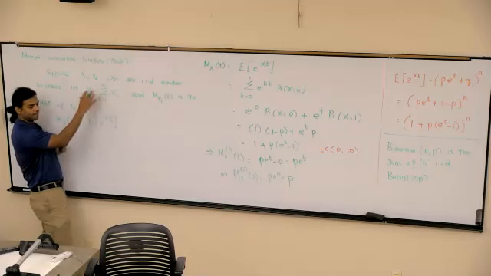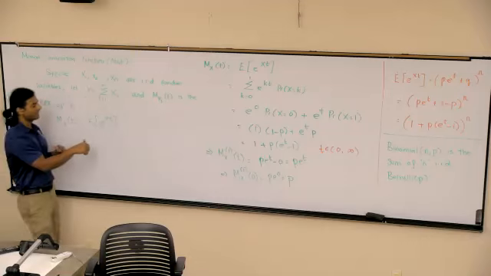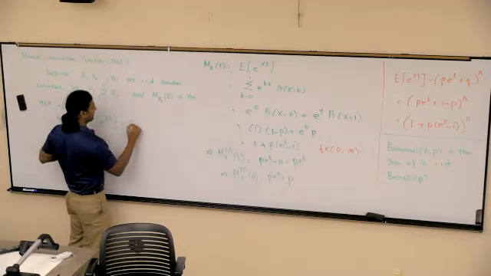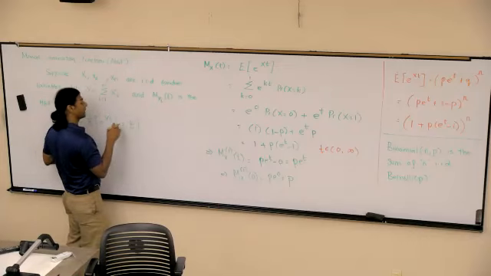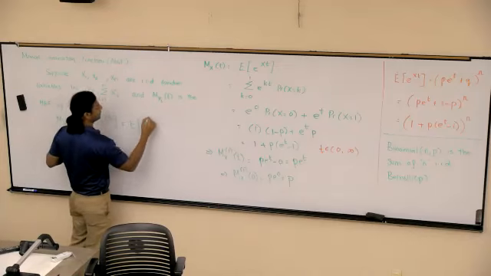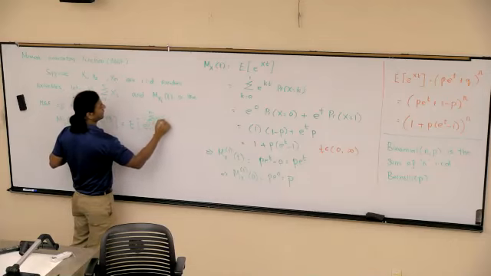Y is the sum of those IID random variables. So the expectation of e raised to the sum from i equals 1 to n of Xi times t.